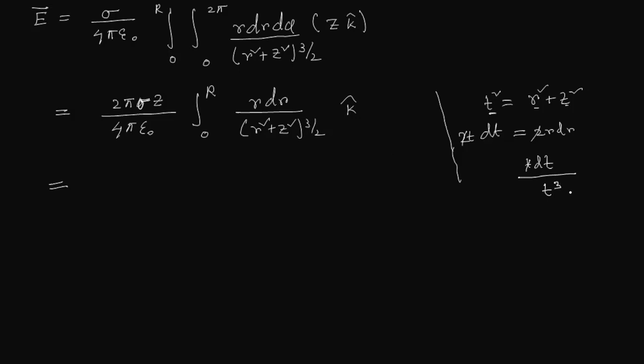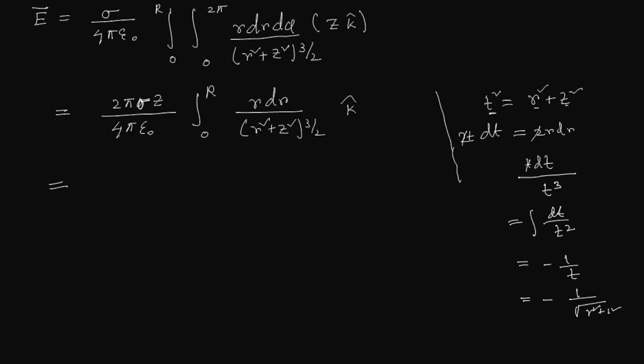So one t will cancel out, so finally what we'll get is dt divided by t square. So when you integrate this term, you'll get minus 1 by t. So at the end, if you put the value of t again in terms of r, we'll get the root of r square plus z square. Under root of r square plus z square.